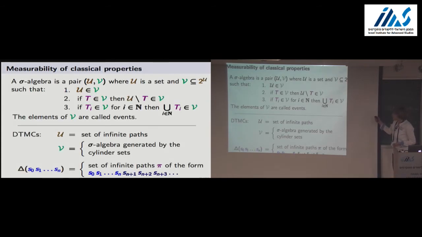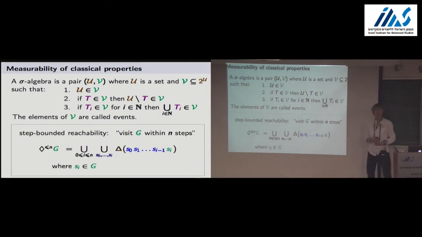Yeah, so here is again the definition of sigma algebras, and this is just to remind that we deal here with the sigma algebra generated by the cylinder sets. So let's look at whether these events we talked about are indeed measurable. So step-bounded reachability. We want to visit some set G within n or fewer steps.